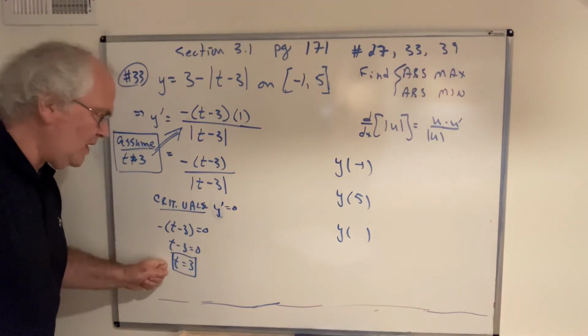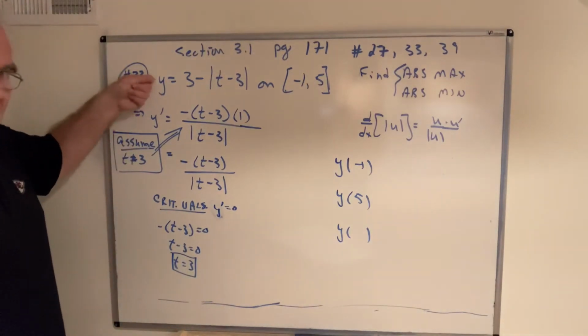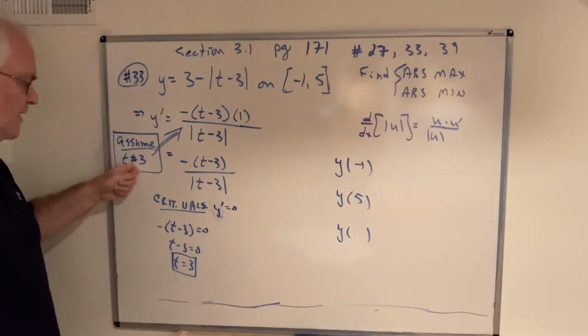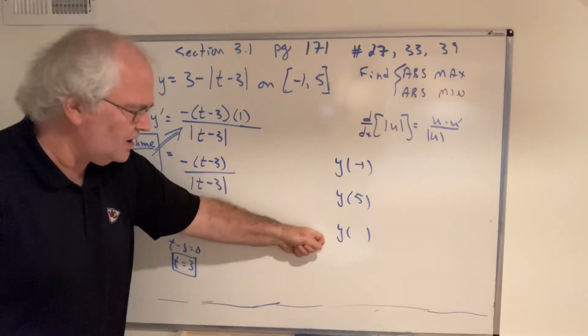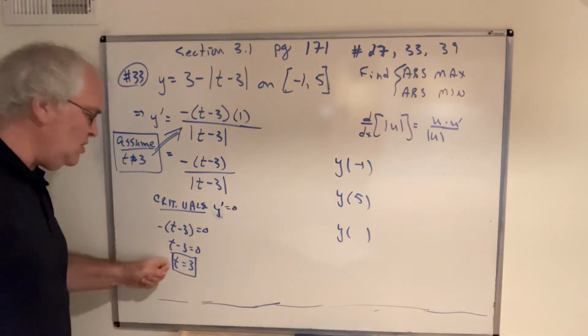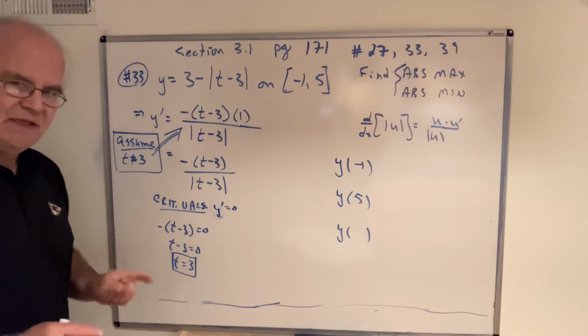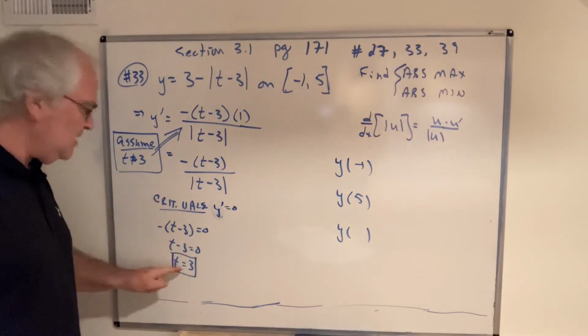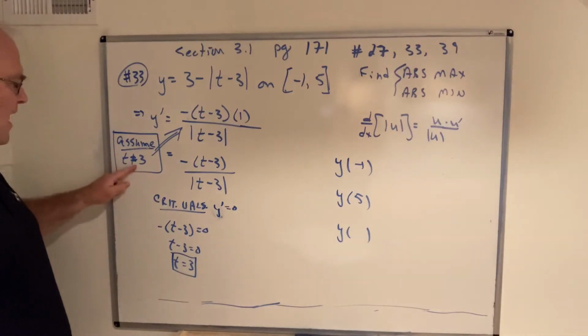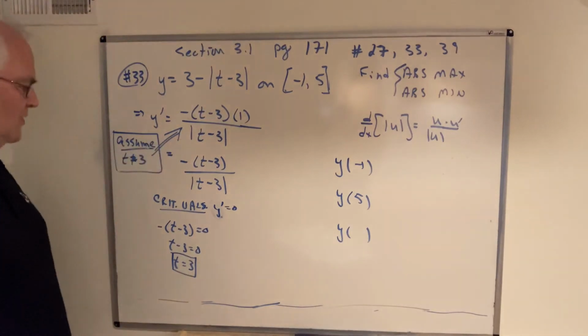T equals 3 does work with the original function. It does not work with the derivative. Since this computation is going to be with the original function, then we do use this t equals 3. That's the logic behind this. So 3 does pass muster, even though we're assuming not equal to 3, only for the purposes of the derivative.